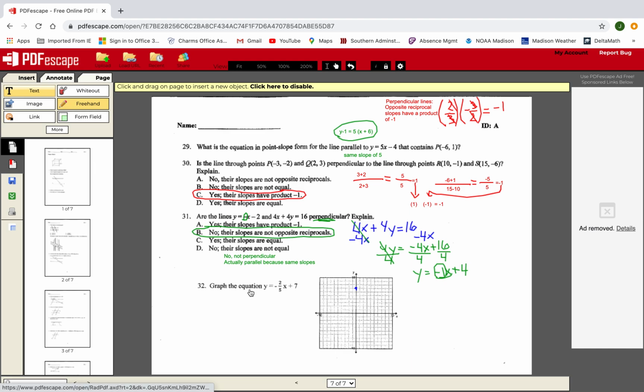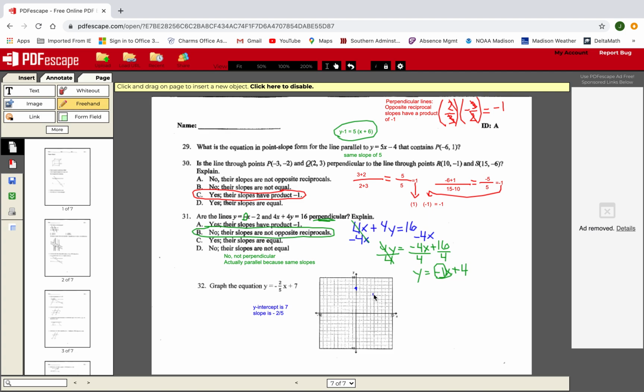Okay, let me go ahead and make a note here that I see that my y-intercept is 7, and that my slope is -2/5. Okay, so from the point that I plotted right there, the 7 on the y-axis, I need to go down 2 and over 1, 2, 3, 4, 5.